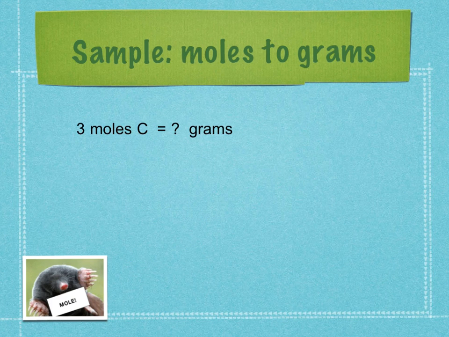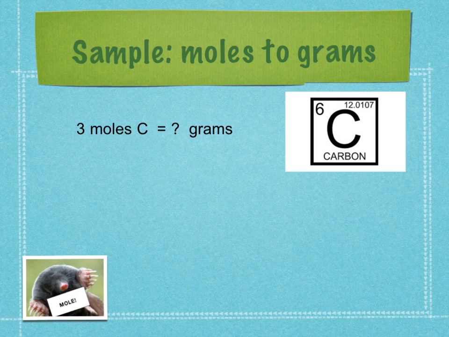So here's our first practice problem. Let's say I want to convert from moles to grams, and I happen to have 3 moles of carbon, and I want to know how many grams it is. Well, in order to solve that, I need to think about my dozen problem. If I had 3 dozen eggs, and I wanted to know how many eggs it was, I would multiply by the number of items in a dozen, or 12. So for our problem, we're trying to figure out how many grams are in a mole.